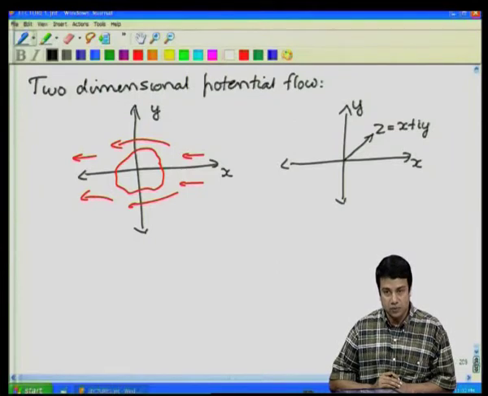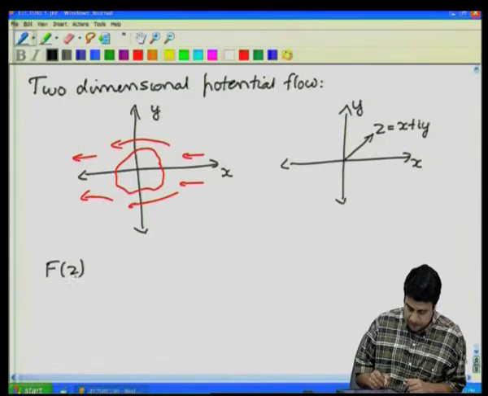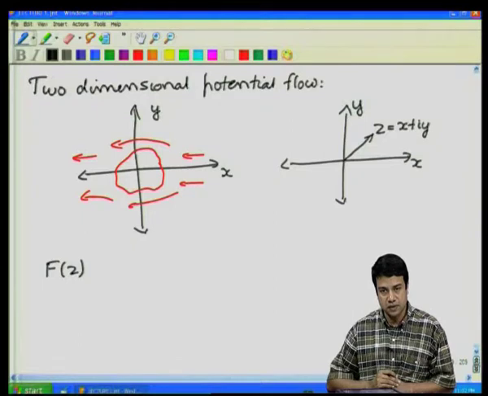The reason we can do that is as follows. If you have any function of z, this can be any function: z square, z cubed, cos z, exponent of z, and so on.